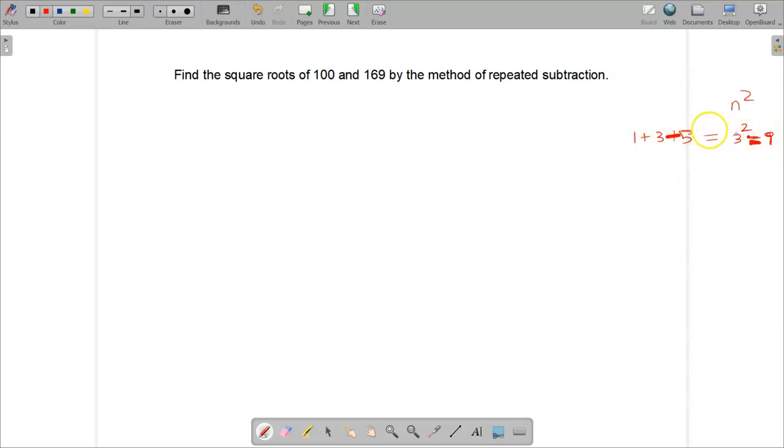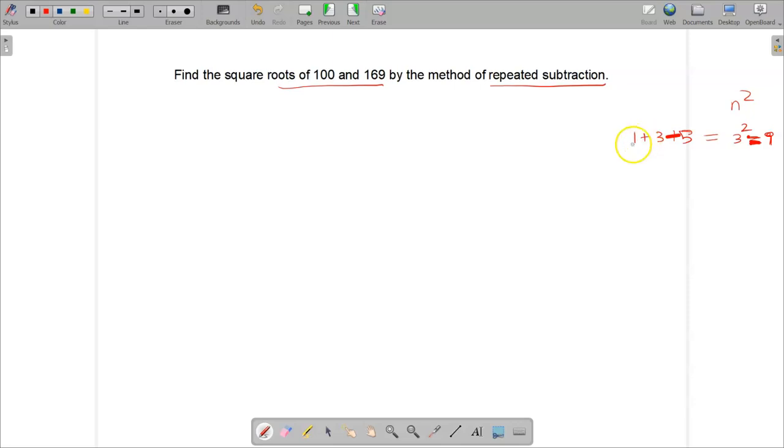So like this I can find the square of a number by just adding the first n odd natural numbers. This is what we have seen in exercise 5.1, where we determined the square of a number. Here we are going to find the square root, so instead of adding, we are going for repeated subtraction.